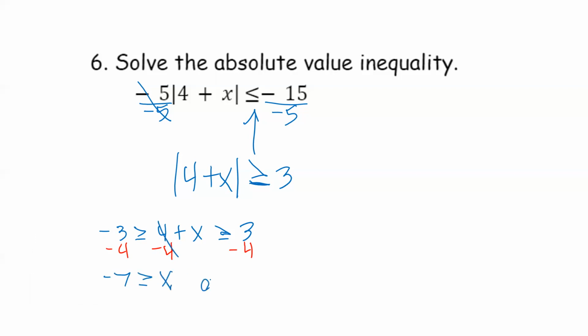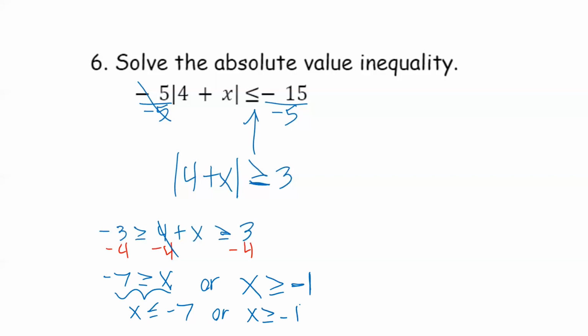And then you got or, because they're going this way. So you want to say or x is greater than or equal to negative 1. Now I don't like the way that works, so I'm just going to reverse that. X is less than or equal to negative 7, or x is greater than or equal to negative 1.